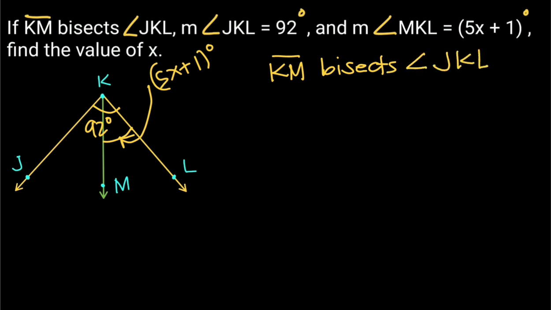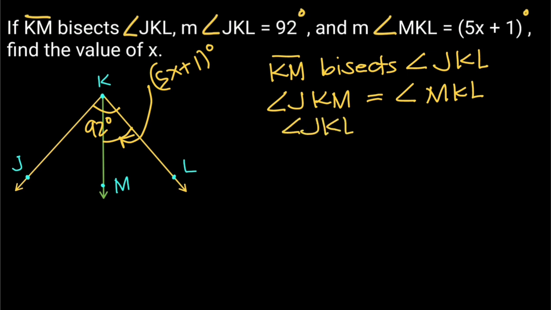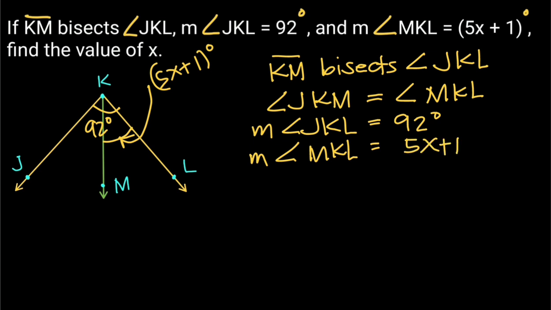So we can conclude that angle JKM is just equal to angle MKL. And it's also given here that angle JKL is equal to 92 degrees, and the measure of angle MKL is equal to 5x plus 1.